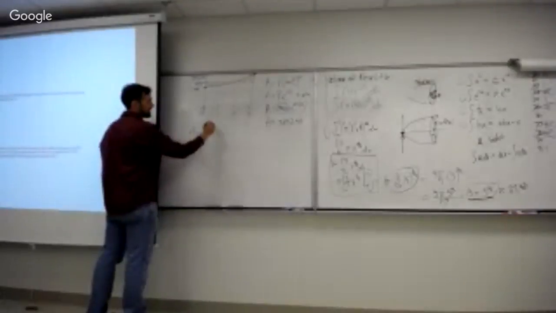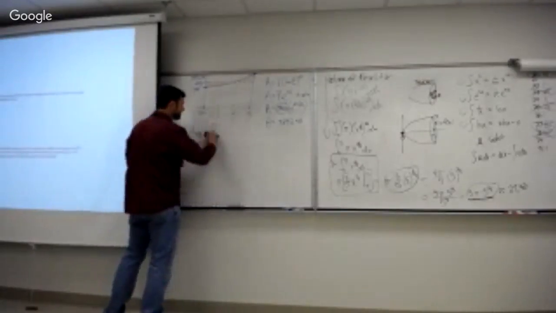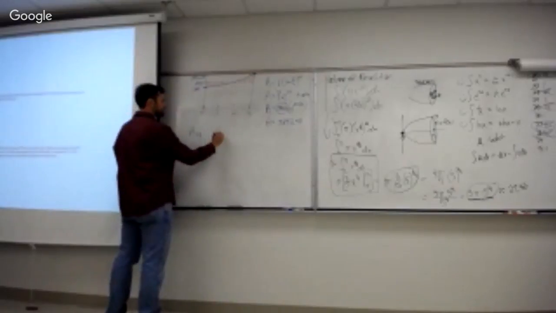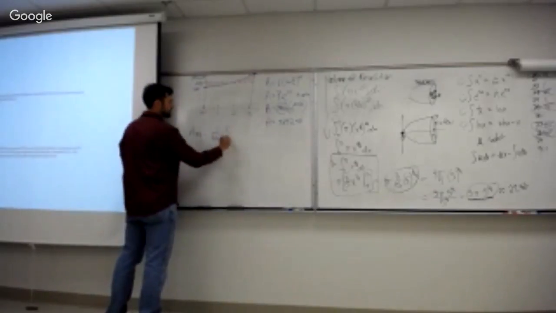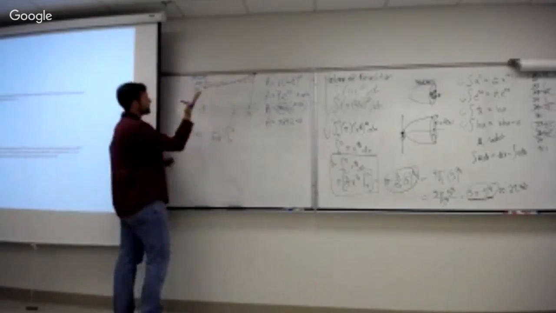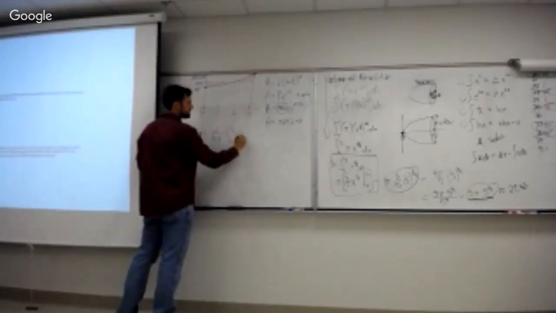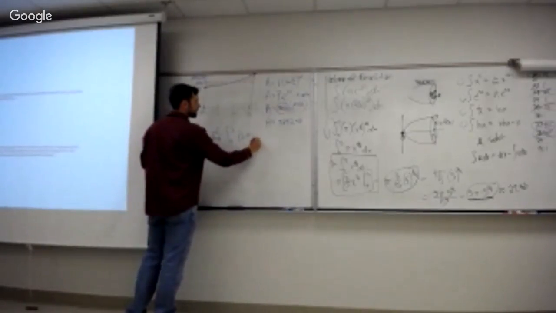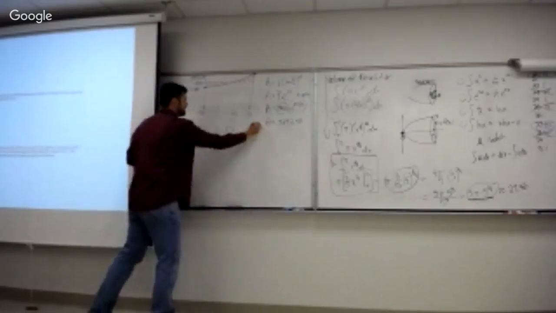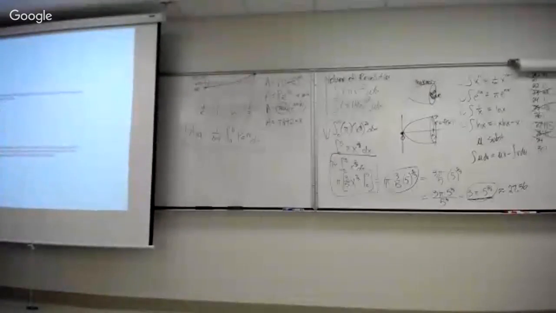And the formula for the average amount of money is 1 over b minus a, the integral from a to b of whatever the function is. In this case, it's P e to the rt. So to get the average, you just do 1 over b minus a times the normal integral that you would do.